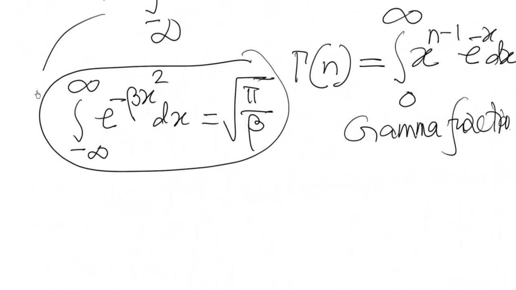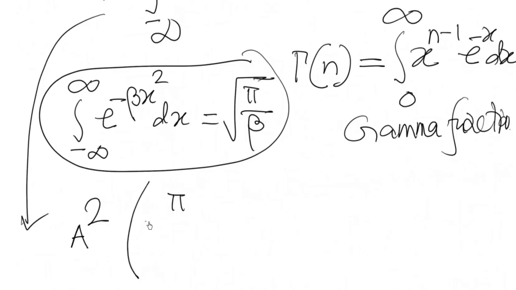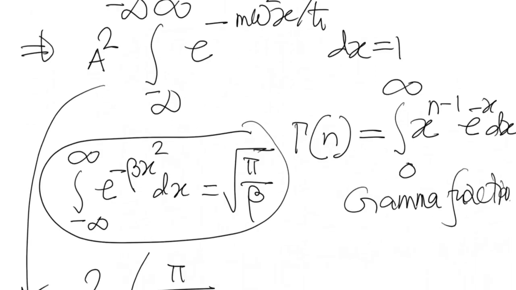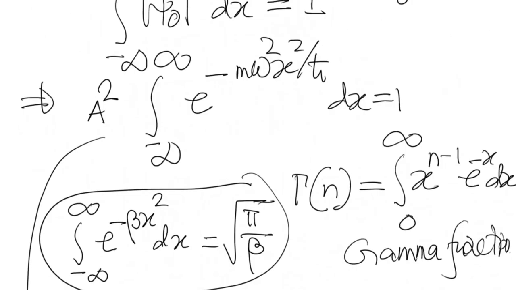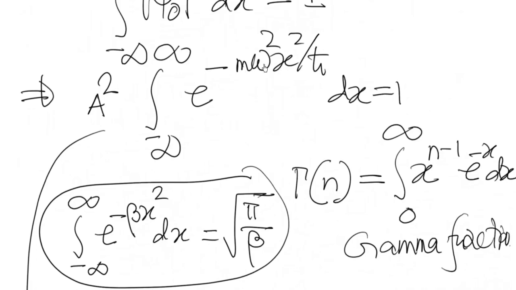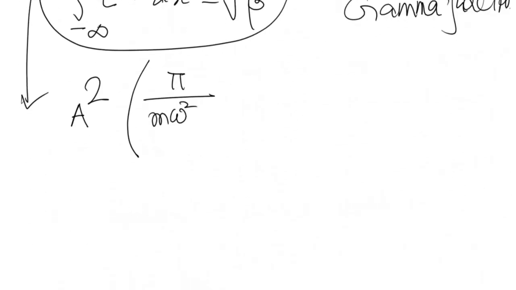So this integration can be written as pi by beta. Beta is m omega by h cut, so it is pi h cut by m omega, and this is square root, which is equal to 1.